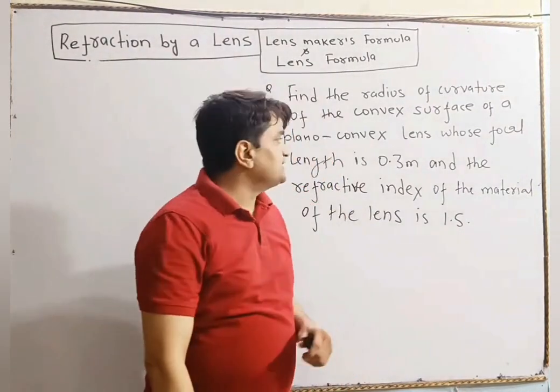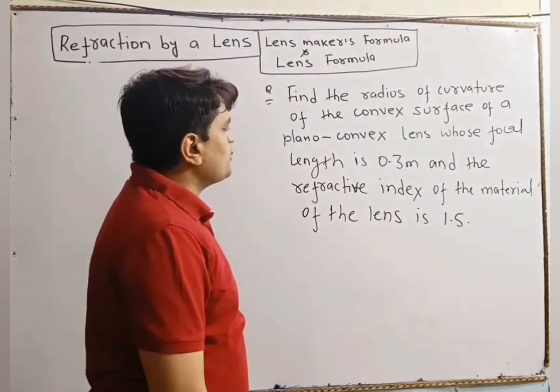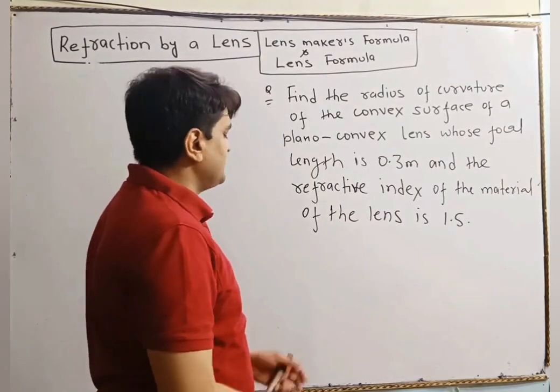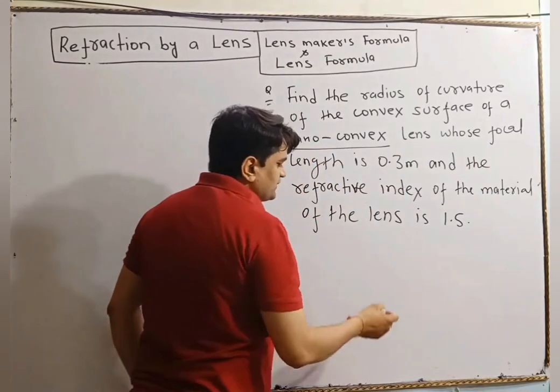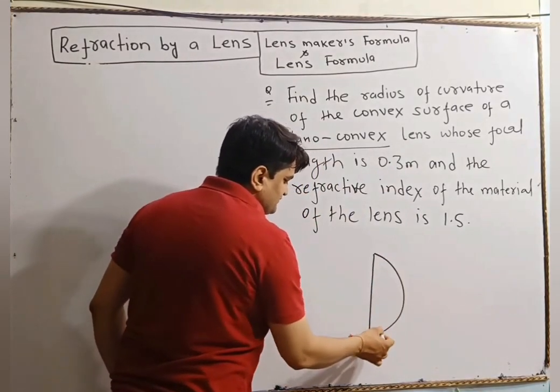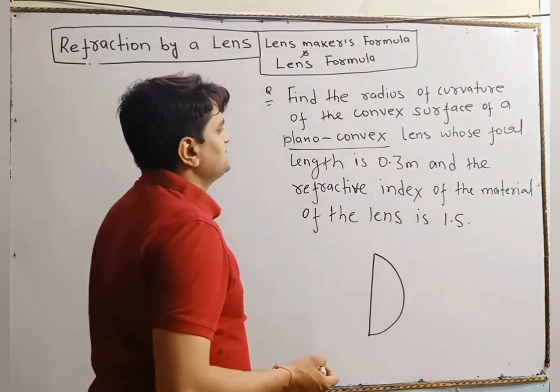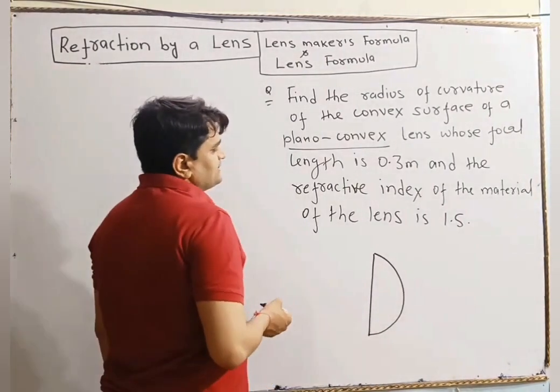Here is the next question. Find the radius of curvature of the convex surface of a plano-convex lens. What do you mean by plano-convex? That means one surface is plane and the second surface is convex, whose focal length is 0.3 meter.